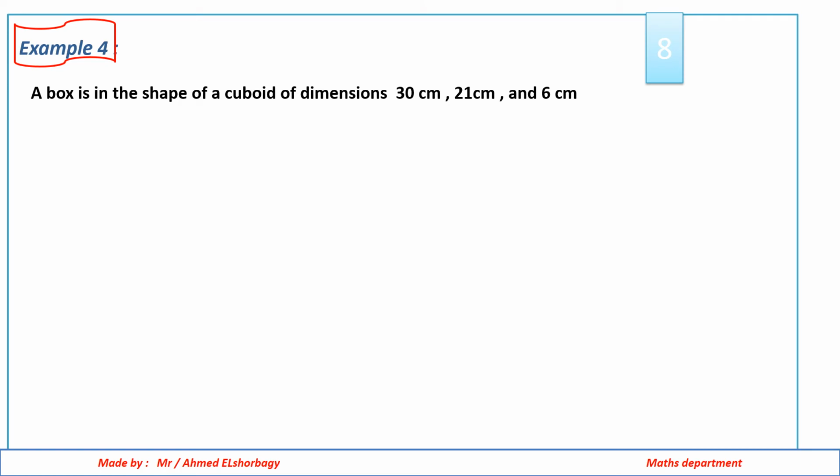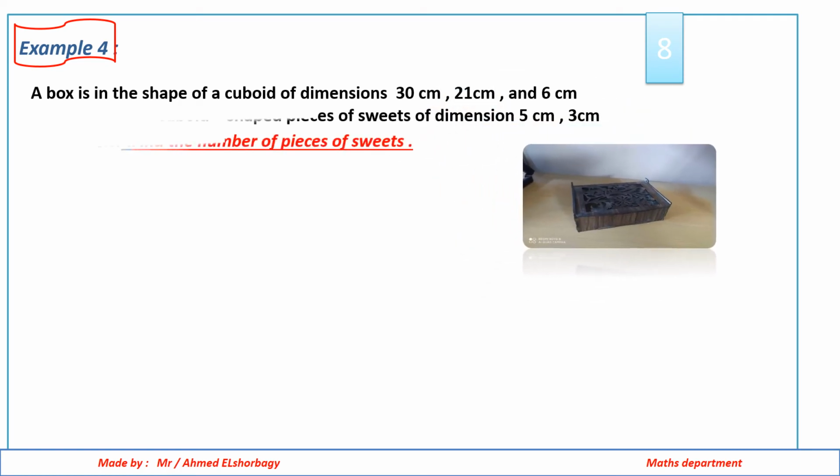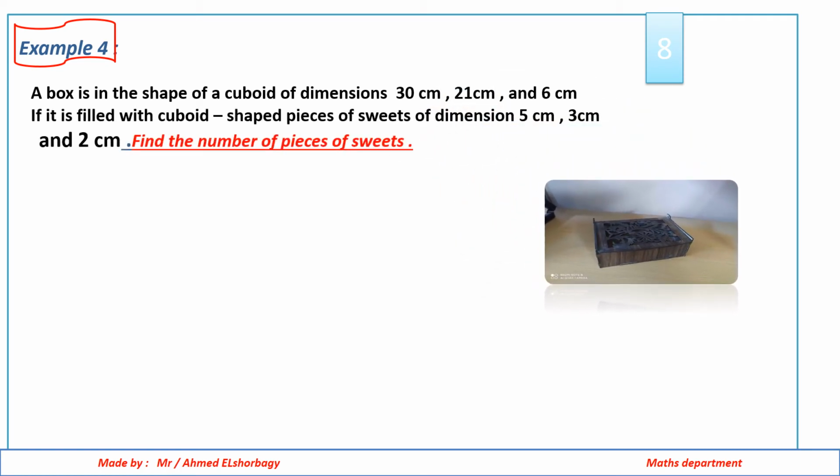Example number 4. A box is in the shape of a cuboid of dimensions 30 centimeters, 21 centimeters, and 6 centimeters. If it's filled with cuboid shaped pieces of sweets of dimensions 5 centimeters, 3 centimeters, and 2 centimeters, find the number of pieces of sweets.